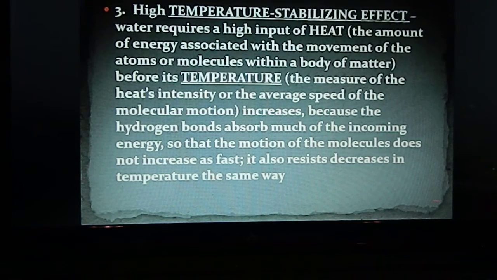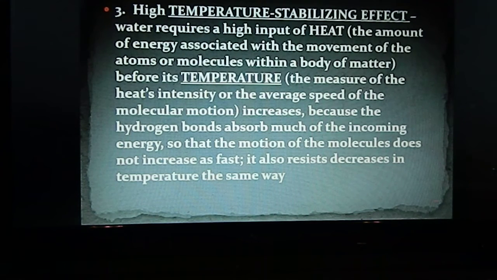So it requires a lot of heat in order to raise the temperature of water, because it has these hydrogen bonds in there that absorb a lot of that heat energy. If you put a pot on the stove and you turn it on, it will sit there for a long period of time, depending on how much heat you're putting on the pot, before the temperature of the water actually starts to increase until it gets to a boil, right?